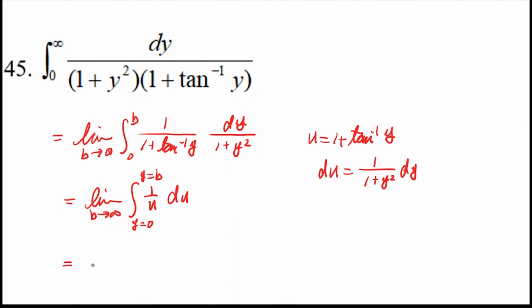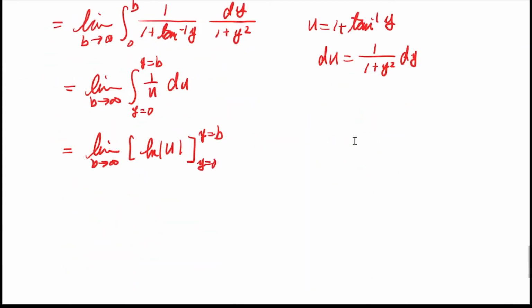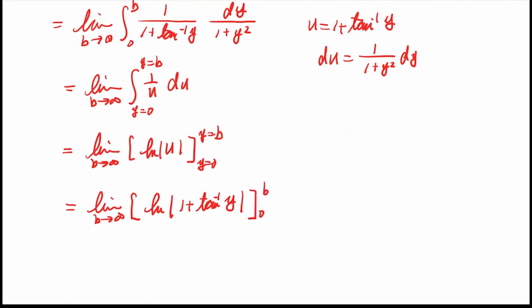So we have limit b approaching infinity of, this is ln, and we are sure, from y is equal to 0 to y is equal to b, and bring y back. So we have ln of 1 plus inverse tangent of y from 0 to b. Good? You see that's so much better?